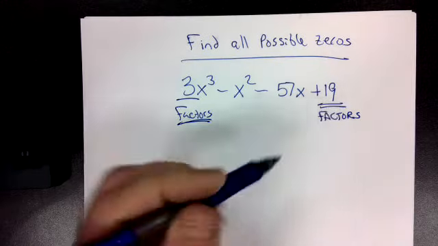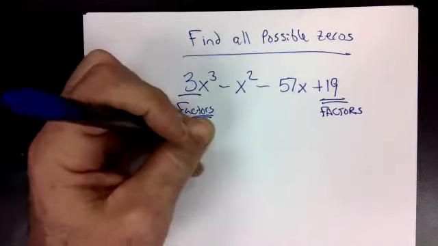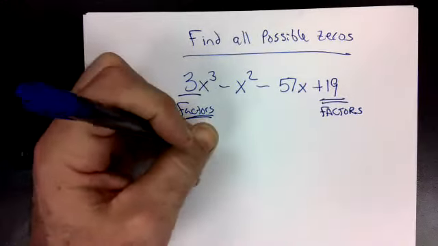So what is the only thing you can multiply to get 19? 19 and 1. Plus and minus. And you can list them, positive 19, negative 19, positive 1, negative 1, or the plus and minus is just a short way of saying both of those. And similarly, the only thing you can multiply to get 3 are 3 and 1.